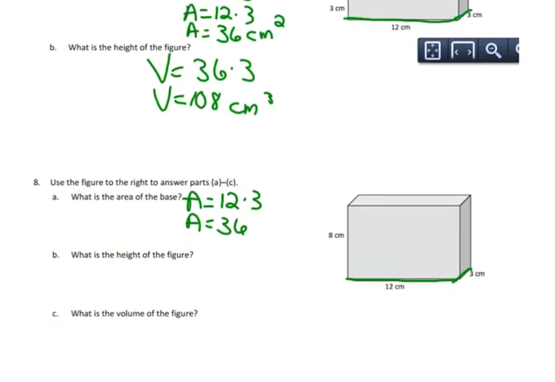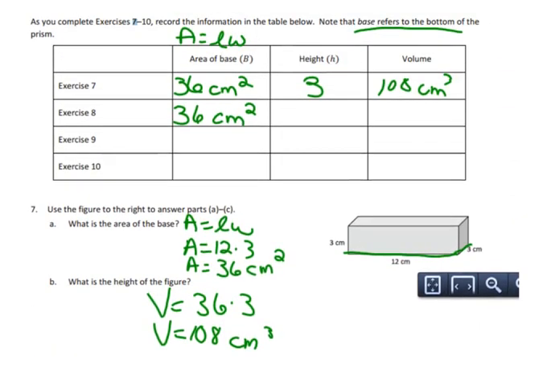The height of the figure is 8. What is the volume? Area of the base times the height, which will give me 288 centimeters cubed. So I'm going to go back up here and fill that in. This was 8 and 288.